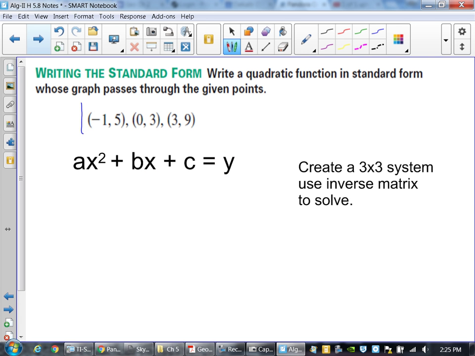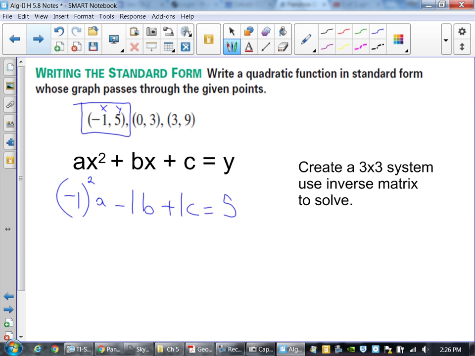As we take each set of ordered pairs, this is my x, that's my y. So I'm going to write that out. Negative 1 squared a minus 1 times b plus 1c. The reason why I put a 1 there is because what's going to be the coefficient for c every time? 1. Okay? Equals 5. Very good.